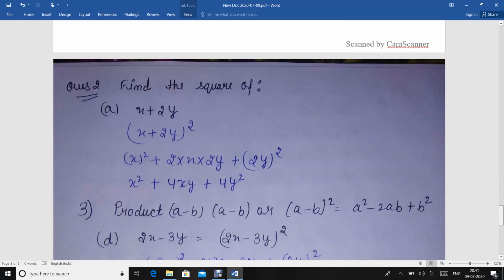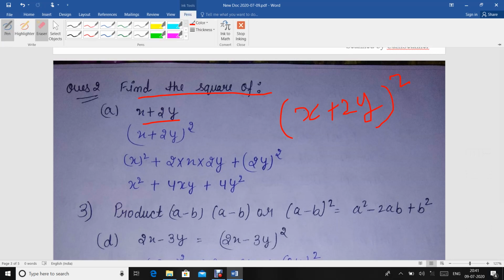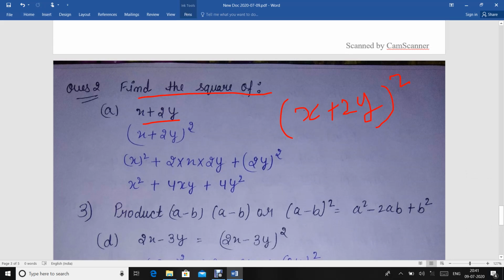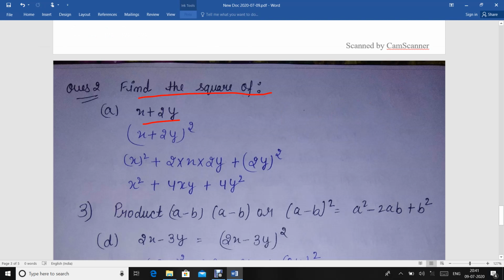This is question number 2. Find the square of x plus 2y. So you can compare this with (a plus b) whole square, which is equal to a square plus 2ab plus b square.